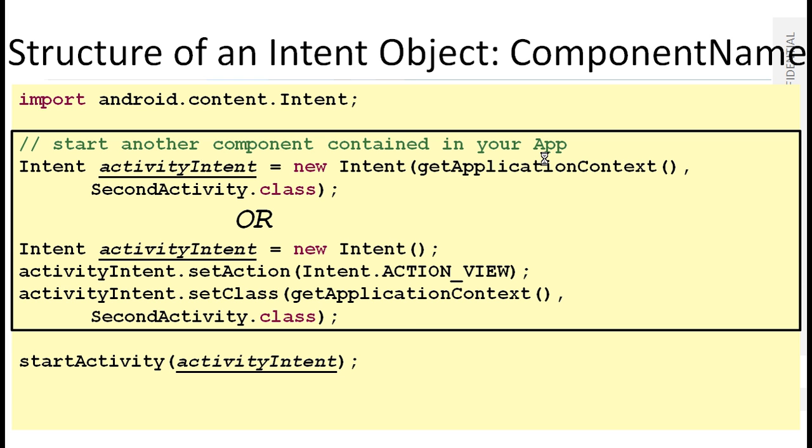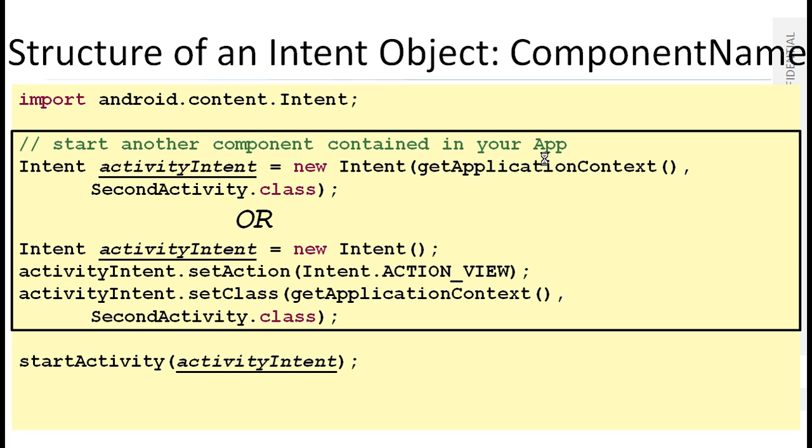In the second case, this is the example of implicit intent. Here you will not be specifying any component name. You will just specify the action. In the second example you have specified the action, setAction VIEW.